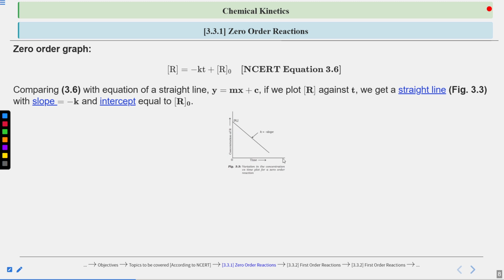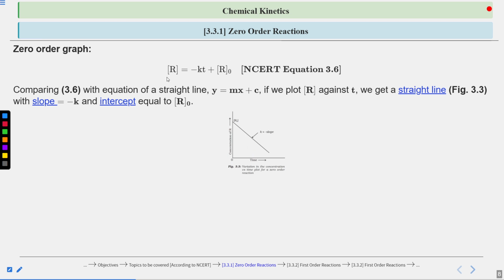As time increases, the concentration of the reactant decreases, and the slope we get for this straight line is minus k, or you can write it as slope is equal to minus k. Why negative? Because it is a decreasing graph, and a decreasing graph has a negative slope.